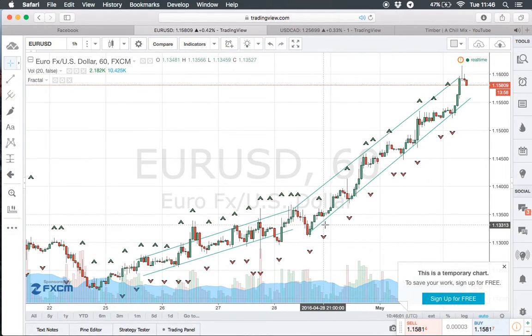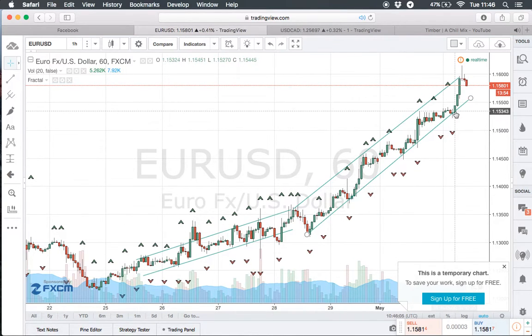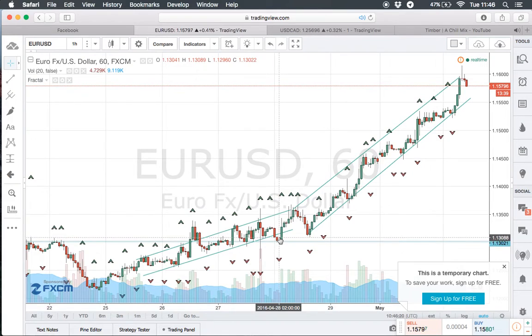All these channels are support and resistance in a diagonal formation. I can draw support and resistance all day the regular way. Look, support and resistance right there. Support, support. It's not hard to do.